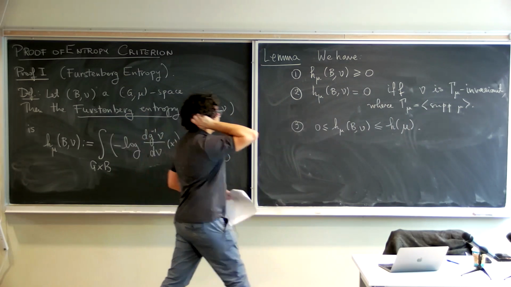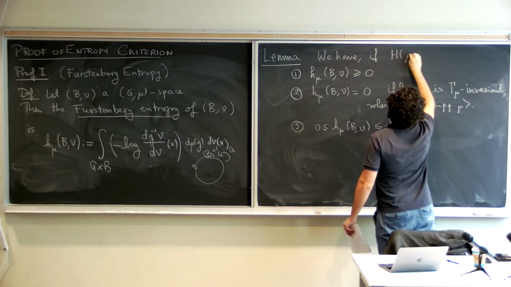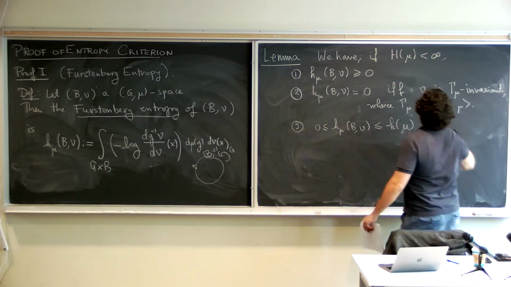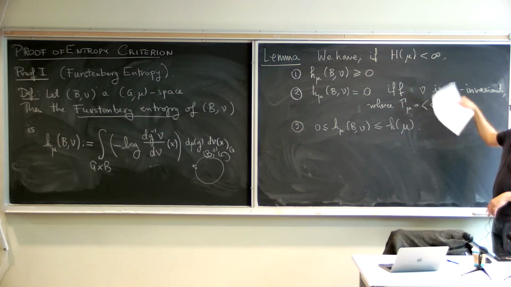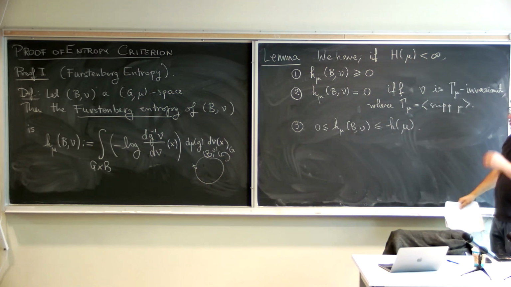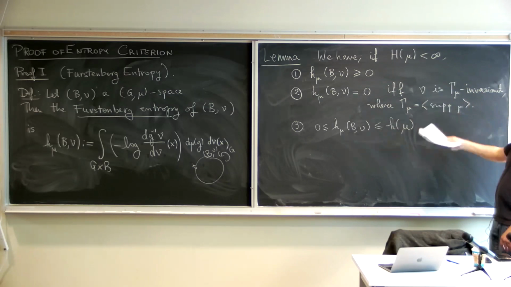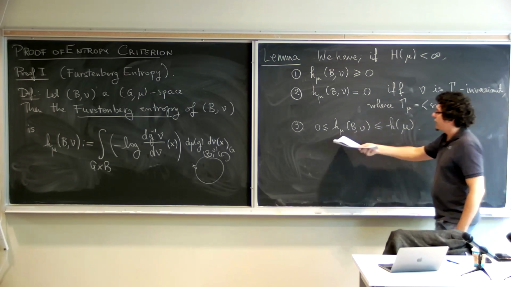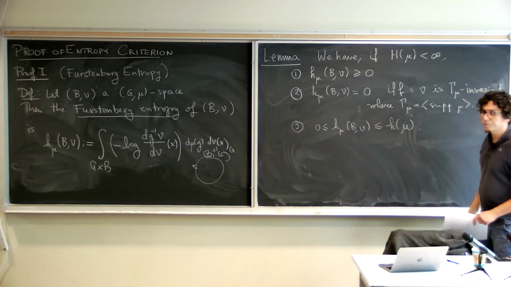Let's suppose that H(mu) is finite, otherwise some of these things might still be true, but just to avoid complication. So we assume that this is finite. Then as a consequence, the integral is finite, everything.